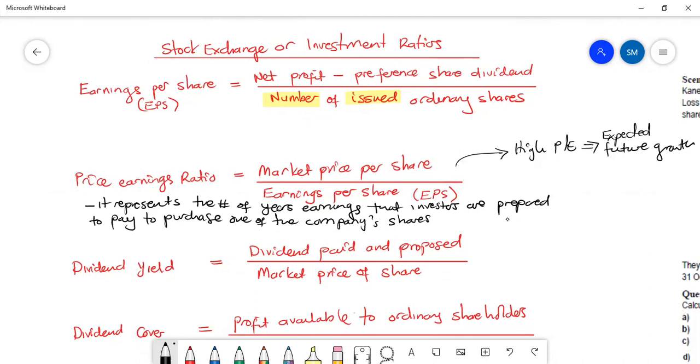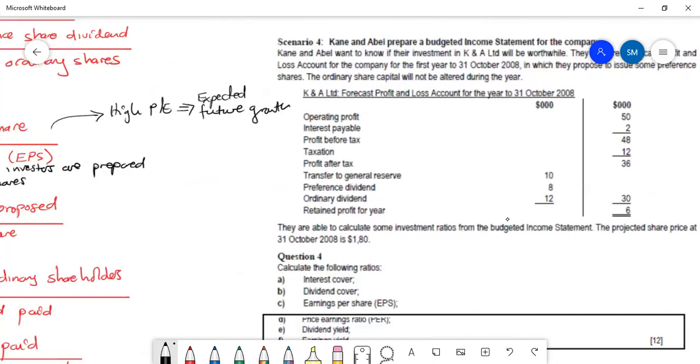The share is overvalued because of the relationship between the market price and what you are earning for it. If what you are earning from the share is less than the market price, it will result in a high price earnings ratio, which means that stock is overvalued.